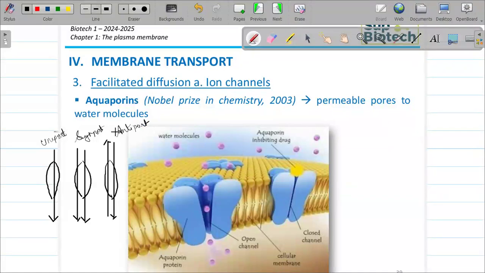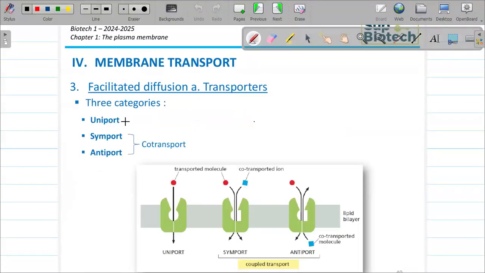So the movement is brought about by some aquaporins. For discovering aquaporins, the Nobel Prize was shared in the year 2003. They have permeable pores only for the movement of water molecules. Uniport, symport, and antiport are called co-transport.